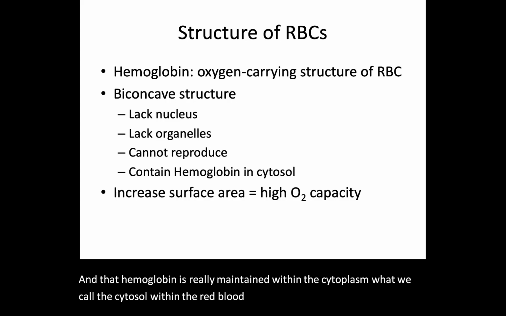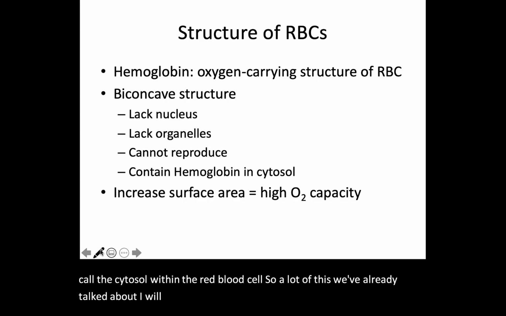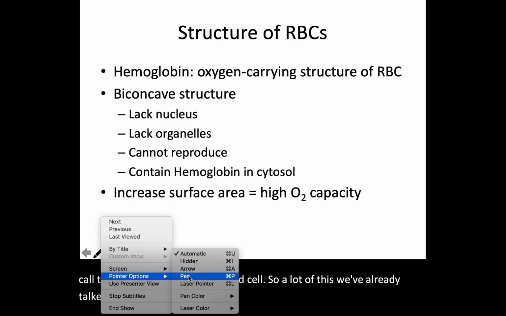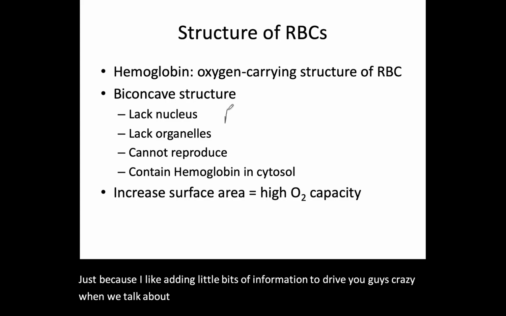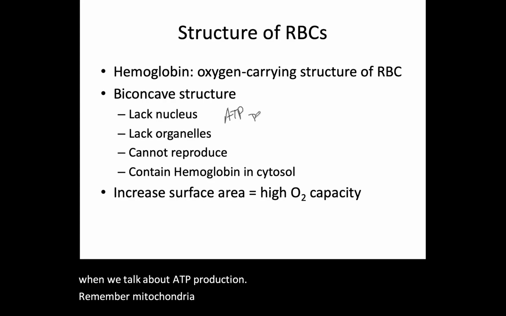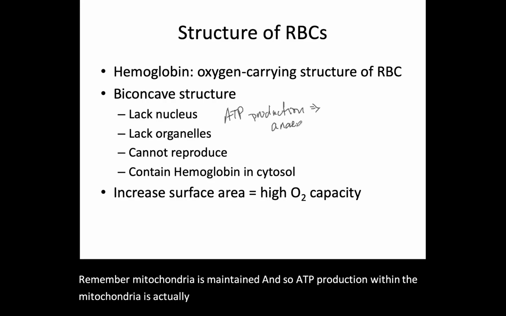And so a lot of this we've already talked about. I will add to this, just because I like adding little bits of information to drive you guys crazy. When we talk about ATP production, remember, mitochondria is maintained, right? And so ATP production within the mitochondria is actually happening anaerobically.